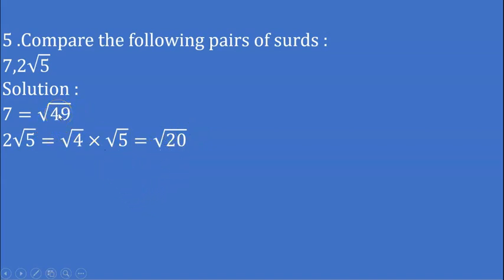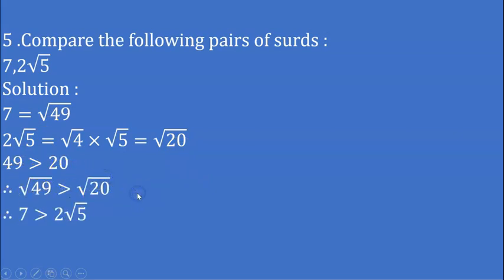Root of 49 is greater than root of 20, since 49 is greater than 20. But root of 49 is 7 and root of 20 is 2 root 5. And hence 7 is greater than 2 root 5.